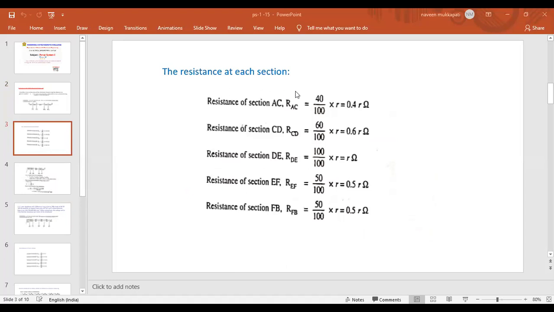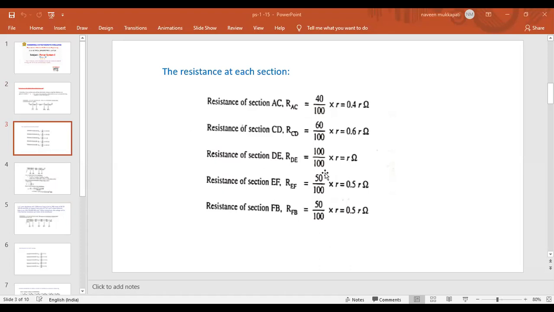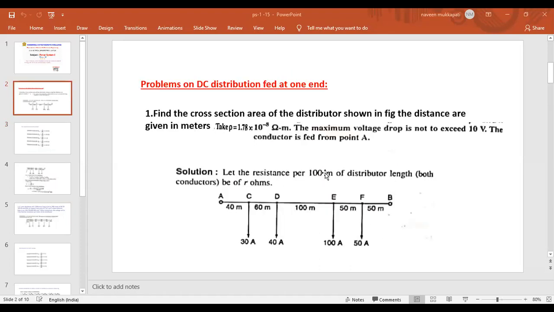Next, find the resistance of each section. First of all, we find the resistance of each section. What is the resistance per 100 meters?